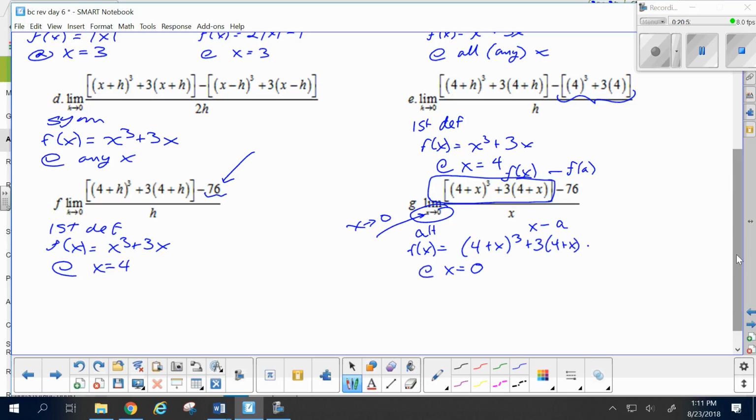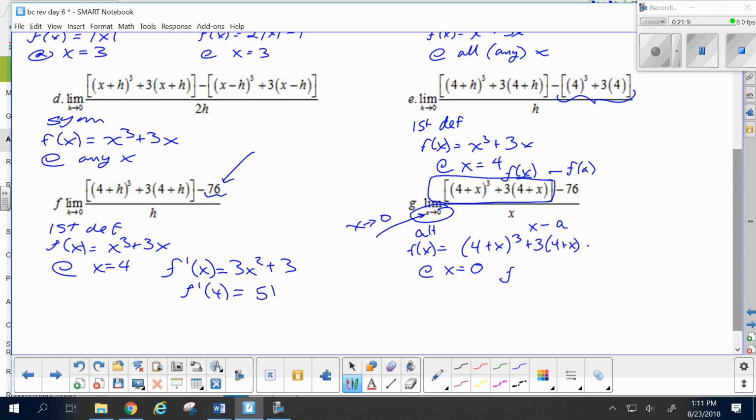Would these have the same derivative? Feels like different function, but the point is different. What's this derivative, just for fun? 3x squared plus 3, and what is the derivative specifically at 4? 16 times 3 is 48 plus 3 is 51.